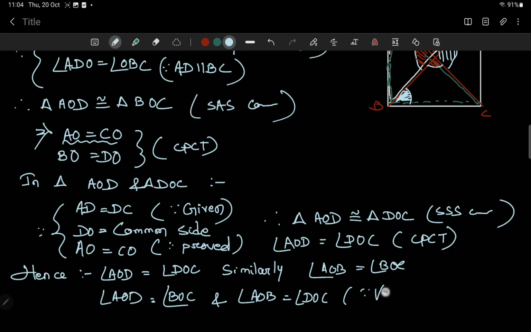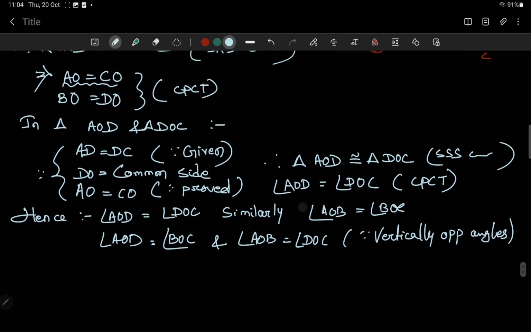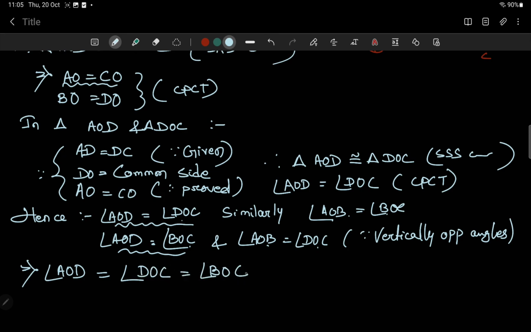Due to vertically opposite angles. So AOD equals DOC, but AOD equals BOC, that means AOD equals DOC equals BOC. Here AOB equals BOC, and AOB equals DOC, that means AOB equals BOC equals DOC. Hence angle AOD equals angle DOC equals angle BOC equals angle AOB.